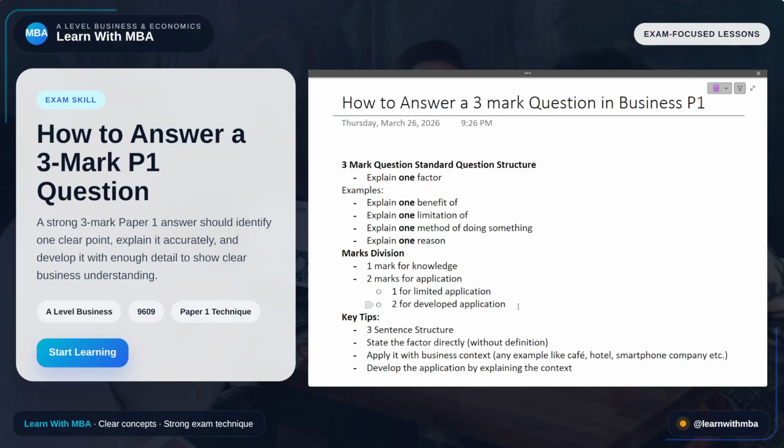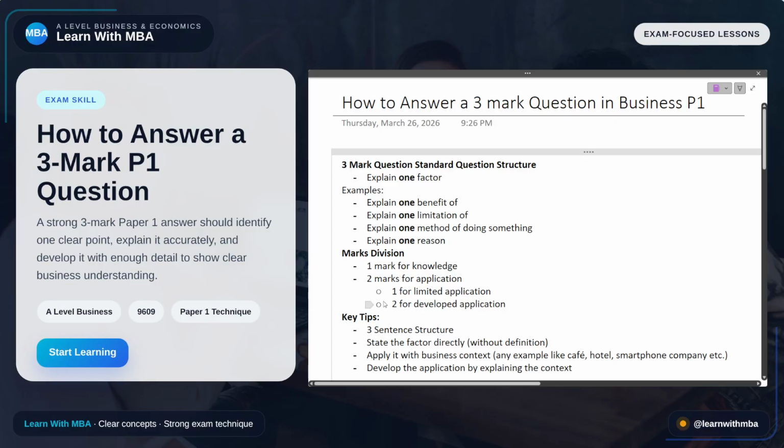You can also encounter a question of one reason. For example, explain one reason why a business may go for cost plus pricing. So this is the standard structure. Whenever you see questions like this, you should immediately recognize that the examiner is asking for one clear point explained with a business context.